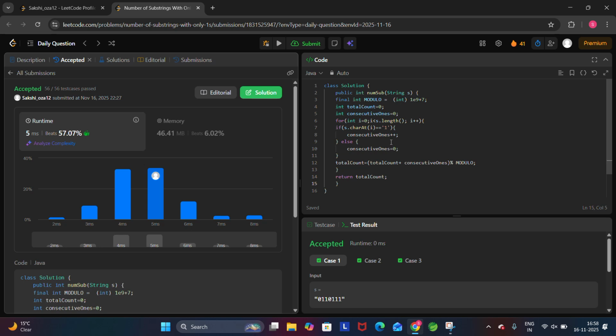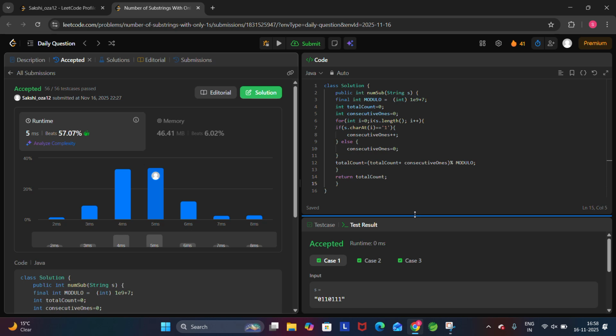The clever part is that each time we extend a string of ones, we can immediately add its length to the answer. This works because the number of substrings that end at the current index is exactly the number of consecutive ones we have seen so far, as we saw in the example as well.